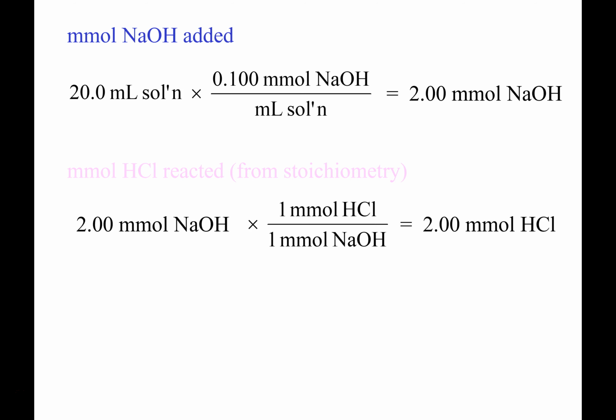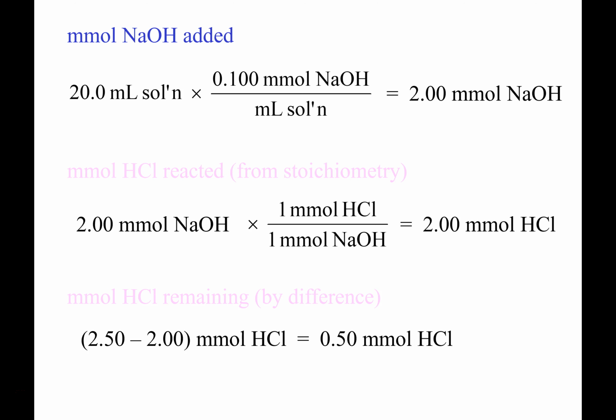So not so surprising, that means we have used up 2.00 millimoles of our original HCl. So you know what I'm going to do next. I'm going to subtract that amount from what we started with. It's like counting beans. We can get the HCl that was remaining by difference.